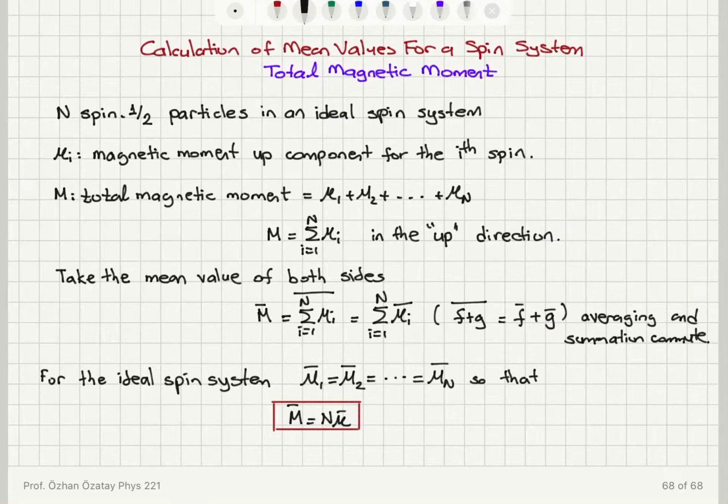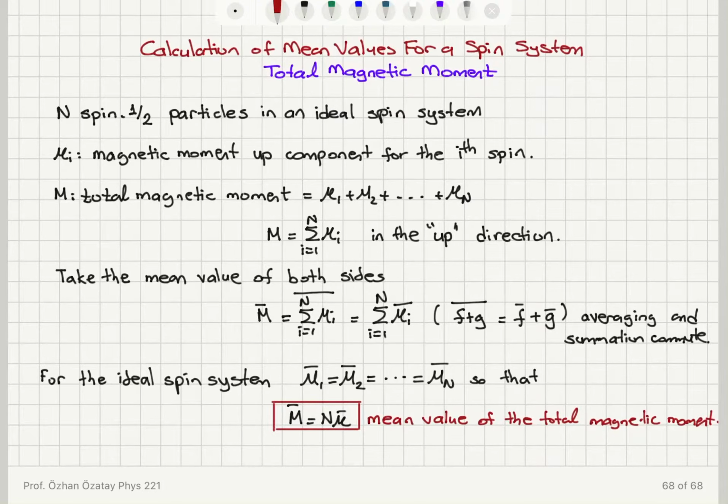There is no difference. So this is basically what I have obtained here, the mean value of the total magnetic moment. If you do this per volume, then you would have mean value of magnetization.